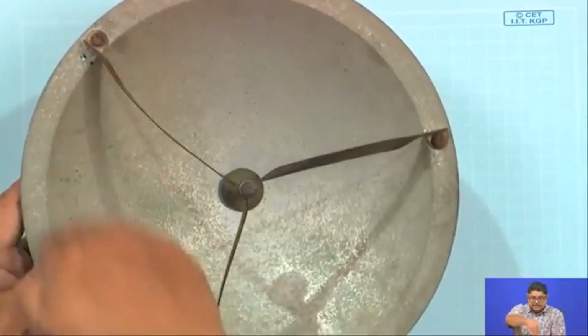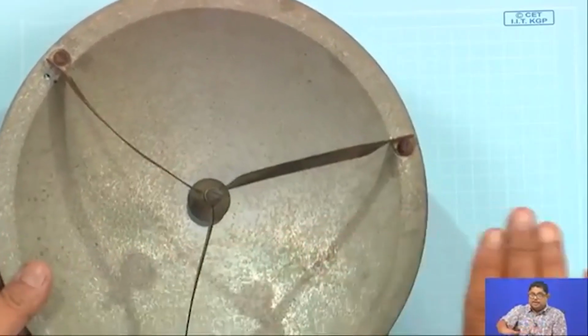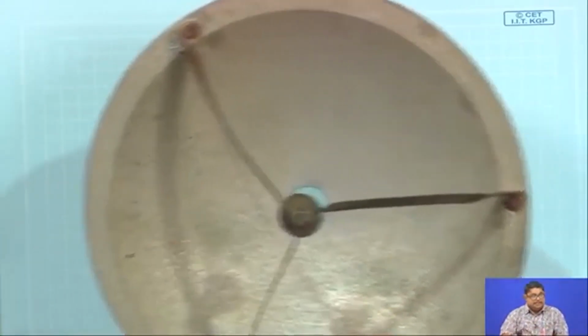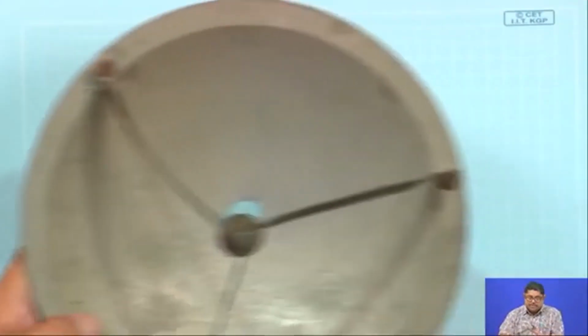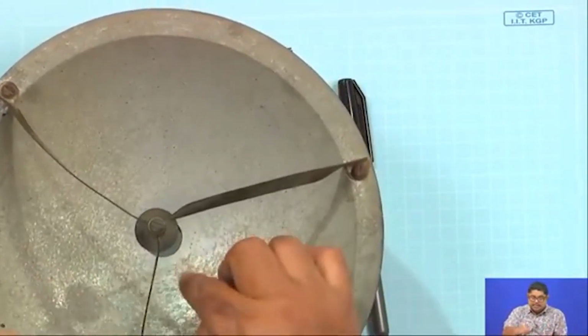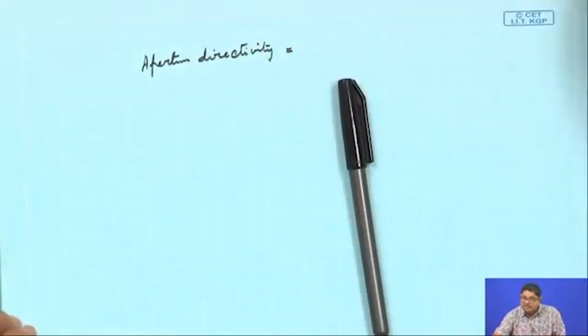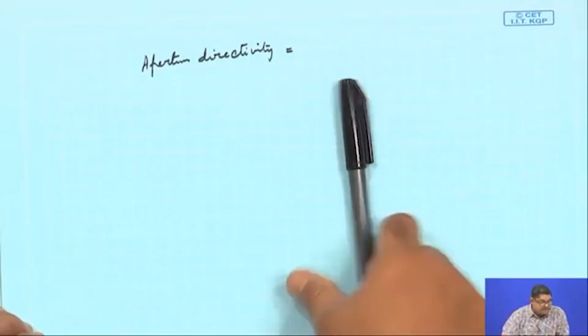Please see, this is a circle here, a hypothetical circle. That is the aperture. That's diameter is being said. So, f by d ratio means this diameter by this f, the focal point distance.